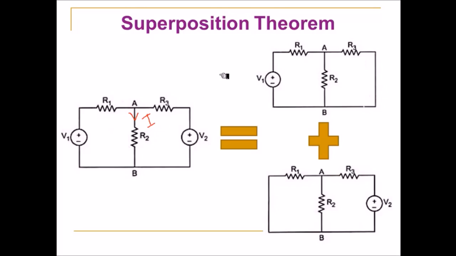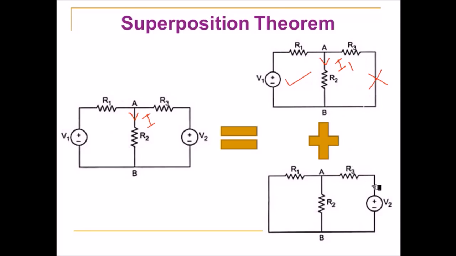To calculate the current I using superposition theorem, first you have to activate one source. For example, you activate the source V1 and deactivate the source V2. Now by using any of the circuit analysis techniques, you can calculate the current flowing through the resistor R2 and assume the value of the current as I1.